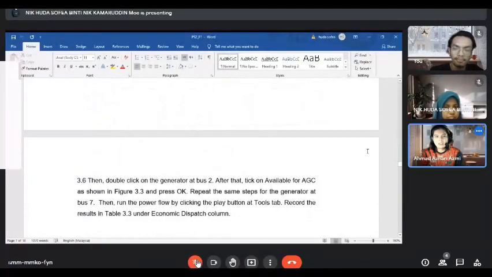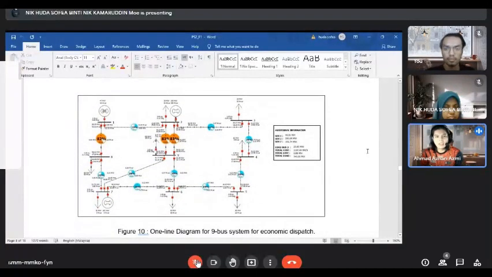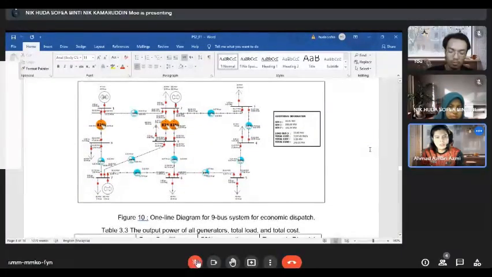Okay, next, we need to tick the available for AGC at bus 2 and bus 7. So this is the result when we apply it. We will solve. There is a slight increase at the load.